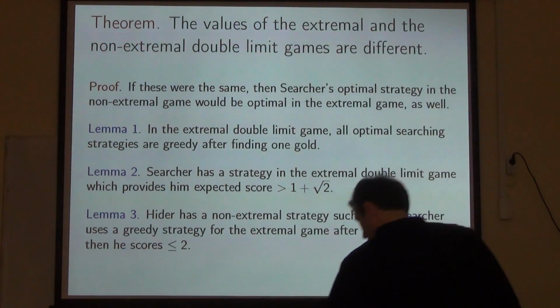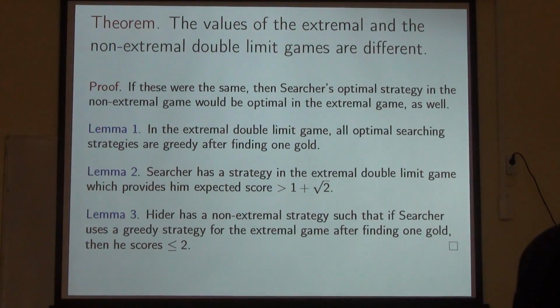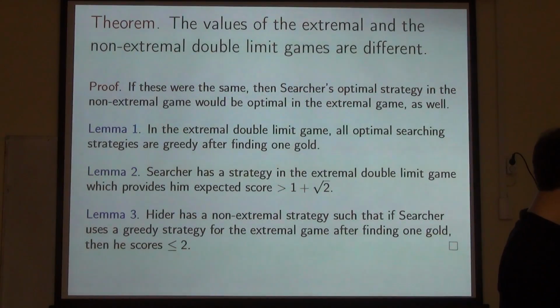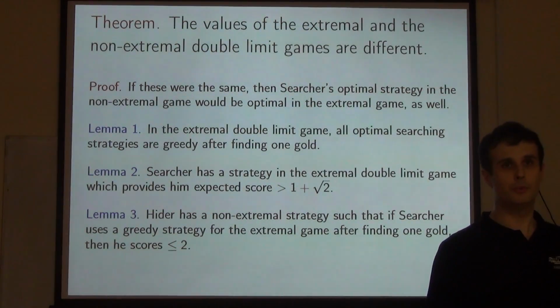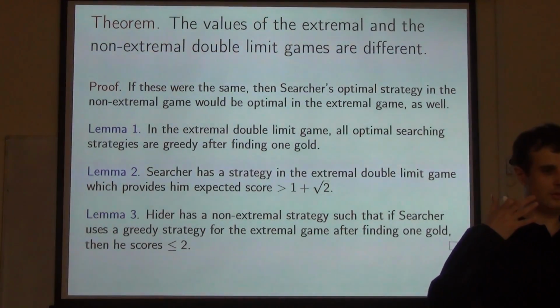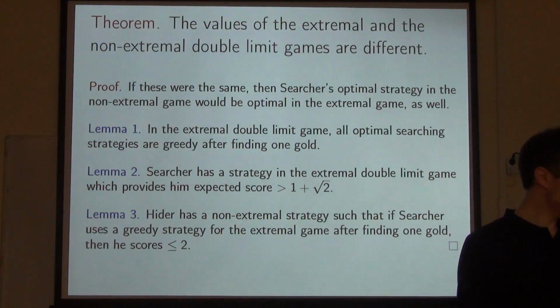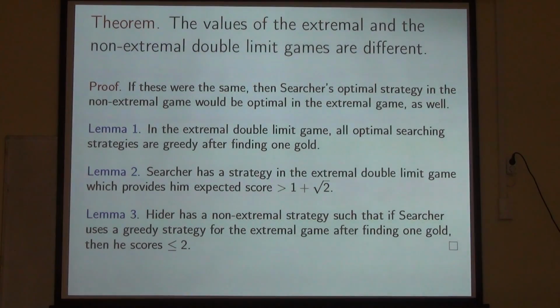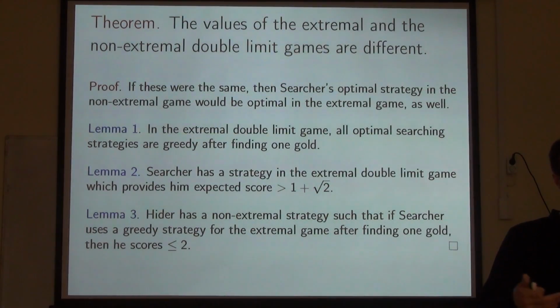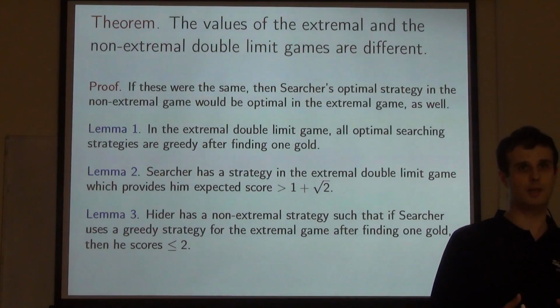And if we assume by contradiction that the extremal and the non-extremal games have the same value, then it means that an optimal searching strategy in the original game is an optimal searching strategy in the extremal game as well, because the values are just the same.